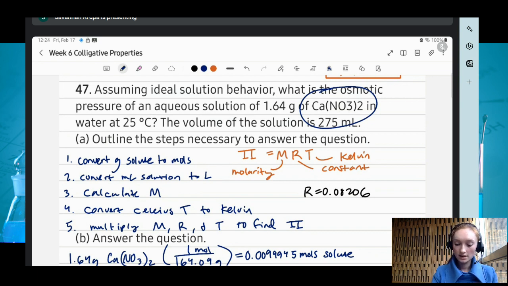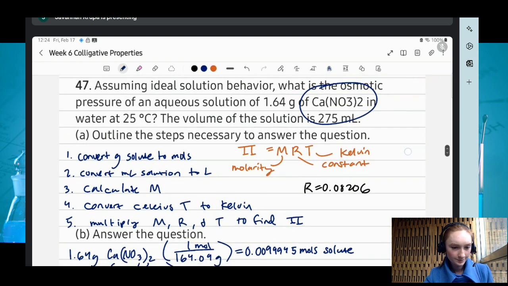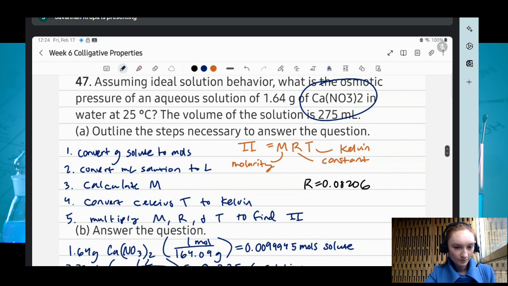But because the calcium nitrate has actually 3 ions in its compound here, and it's aqueous, we will need to multiply it by, is it 3? I believe it's 4. It might be just 3.